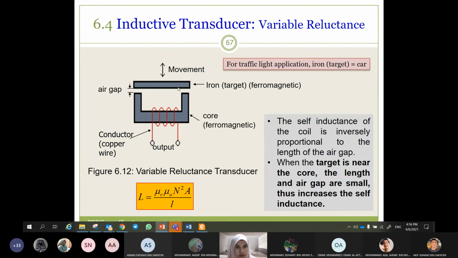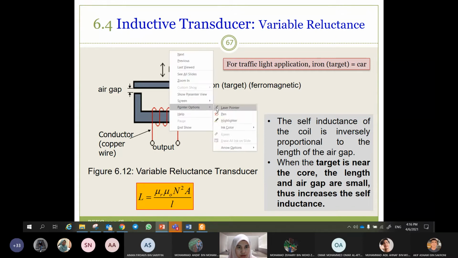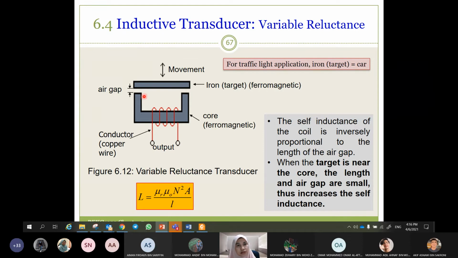So this is the iron or target, our target. It is ferromagnetic. So the iron or the target can be moved close to the core or far from the core. This is the movement. So this is the air gap.